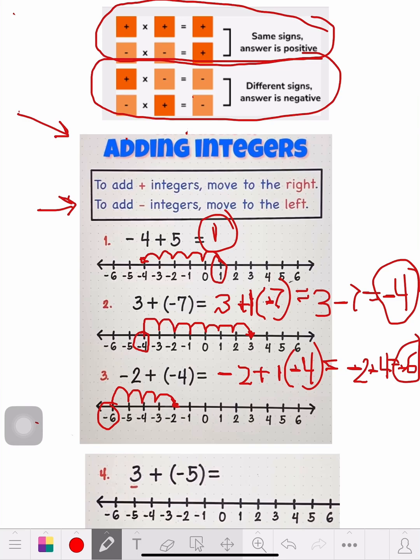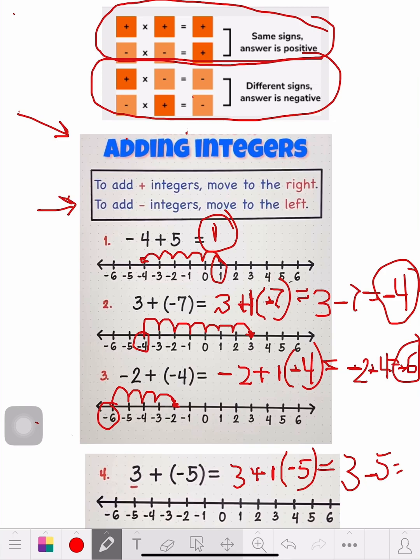Let's do the next one, okay? So we start with 3 plus, now it's a little 1 out there, remember? Outside that bracket's a 1. -5 equals. So this is going to be a 3. Now, same thing. Up at the top, different signs. It's going to be negative. So it's a -5.